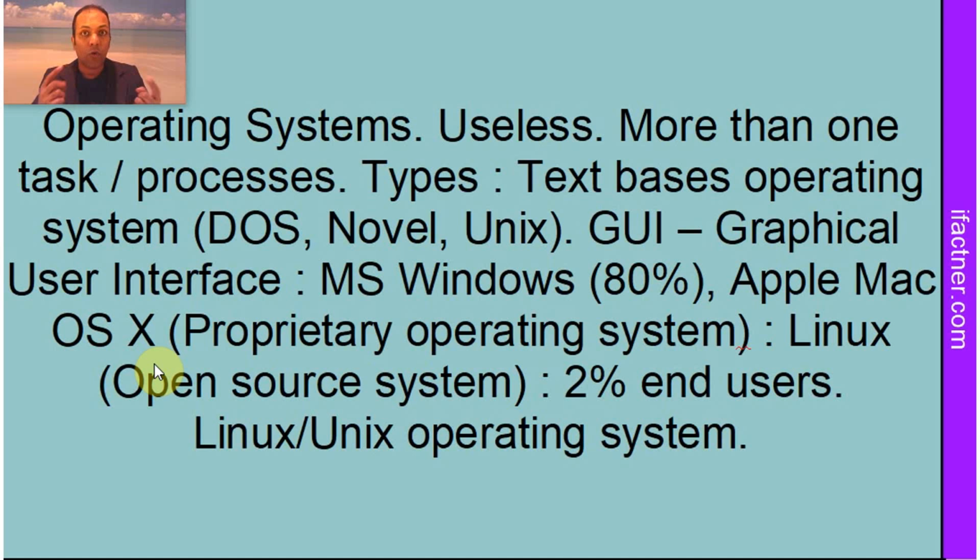And then we have got open source operating systems. These operating systems can be used free of cost. Anyone can change the code in the operating system according to his or her company's requirement or his or her own requirement. But Linux based operating systems are only used by 2% of the end users. But you may have heard a lot about Linux or Unix server based operating systems.